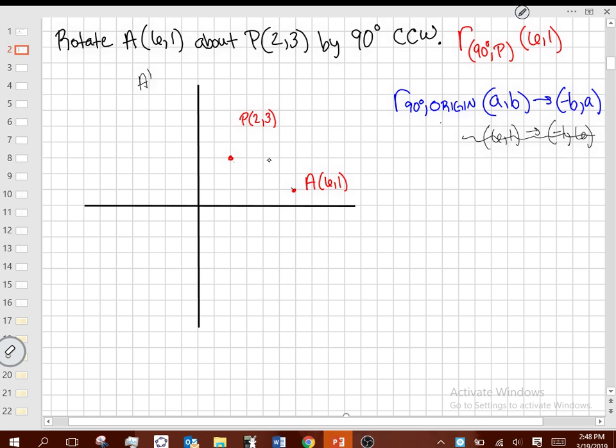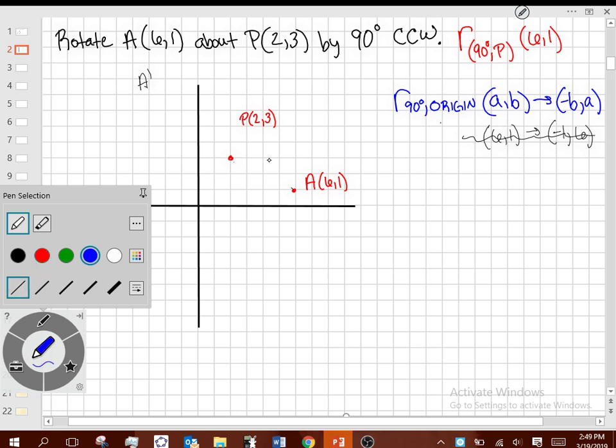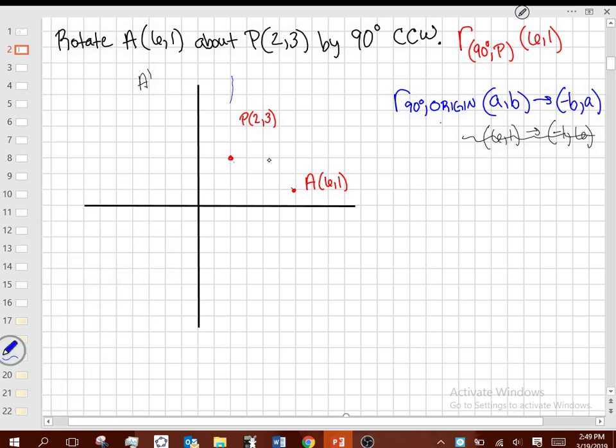We'll put a false set of axes in here, and we're going to set them through always the point of rotation. So, I insert those. And now P, off the black axis, P is (2, 3), right?